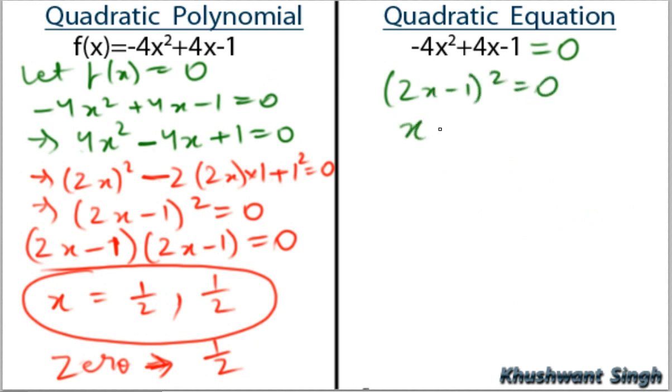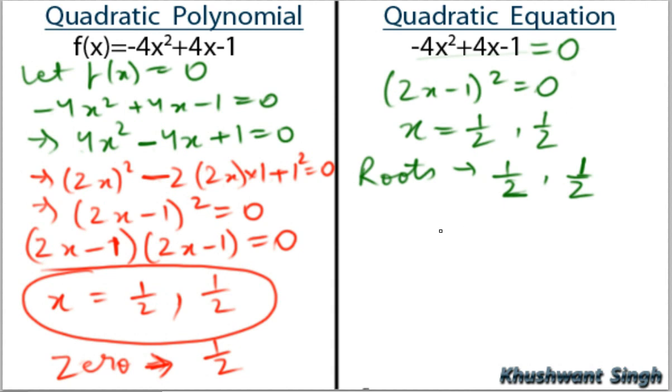So again x equal to 1 by 2, comma 1 by 2. But for roots you will say 1 by 2 and 1 by 2, because root is actually the value of x for which this equation becomes 0. And roots will always be 2 in a quadratic equation. Quadratic means degree 2, and roots will be 2 only, not less, not more.